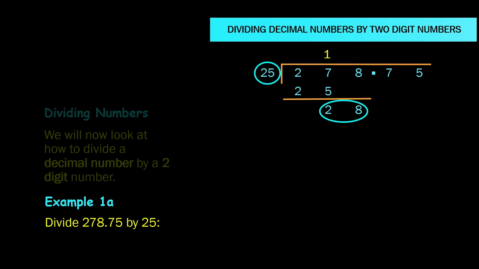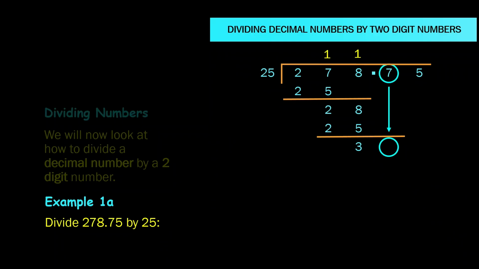There is one 25 in 28. Position the 1 here. Now multiply 25 by 1 to give 25 and put 25 here. Now subtract to give 3. Bring the 7 down and position it here, as shown.